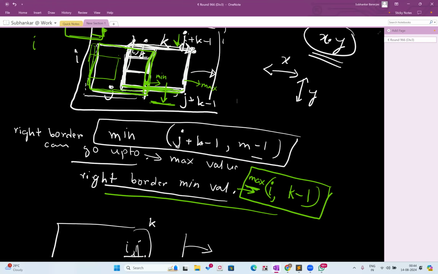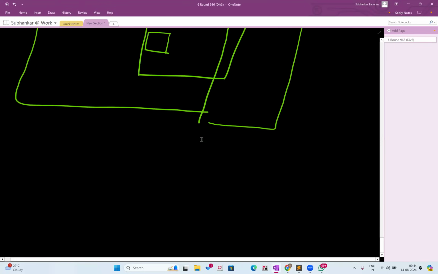Sir, can you show it with a grid? I'm not able to understand why k minus 1. Okay, so I'll just show you.